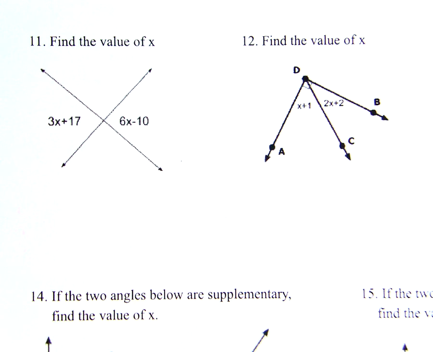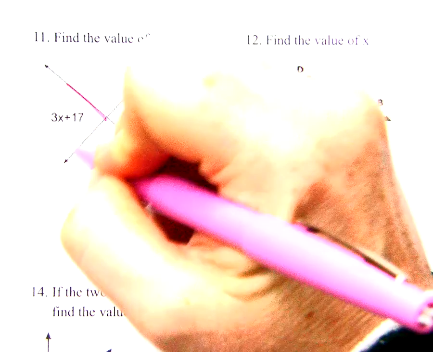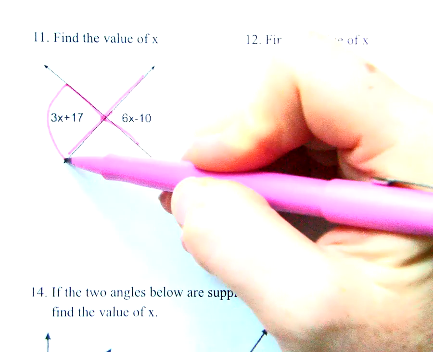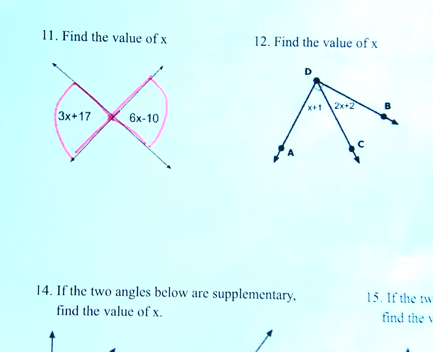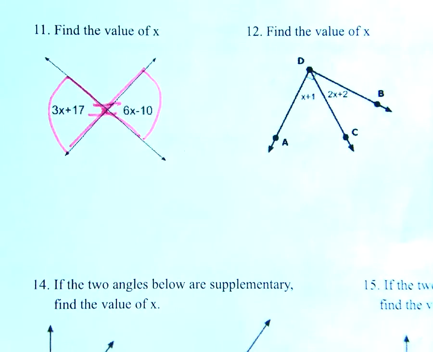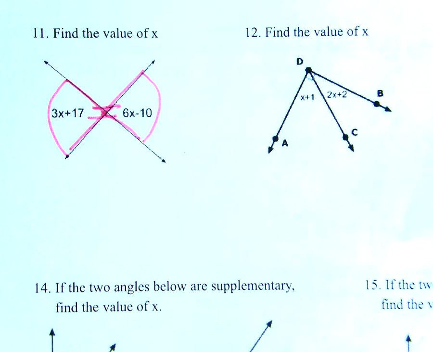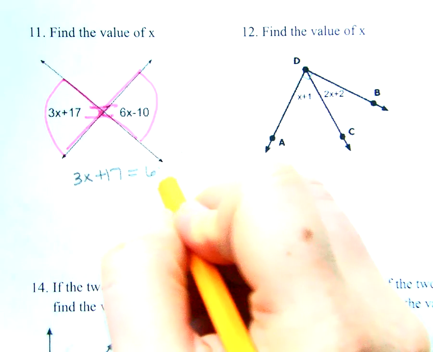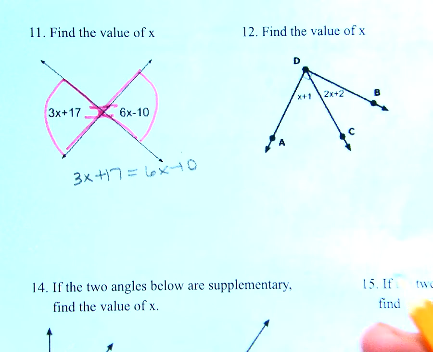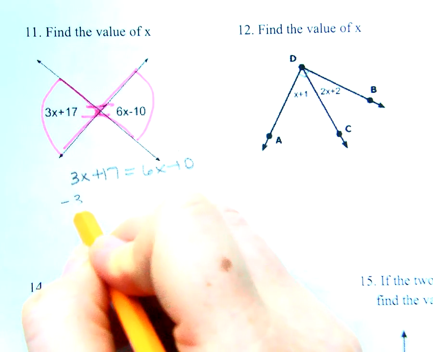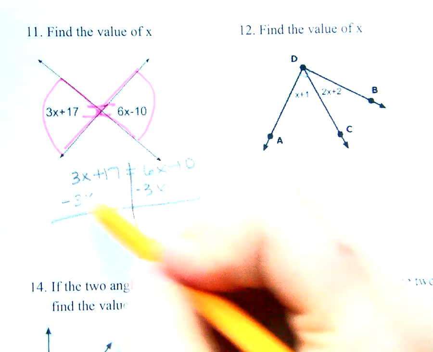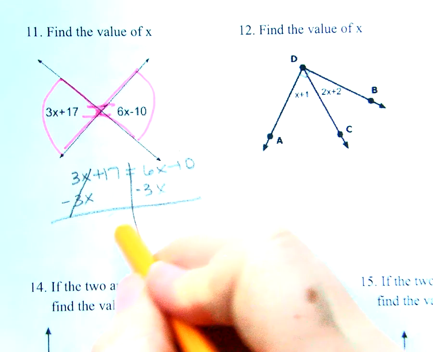Always mark my angles to try to figure out what the relationship is. So I'm looking at this angle, I'm looking at this angle. I see that I've made an X and that they are on opposite sides of that X. So that tells me that they have to be equal to each other. So I know that 3x plus 17 has to be equal to 6x minus 10. Then I'm going to subtract 3x from each side, right? I'm trying to get x's only on one side, so I get rid of them on there.